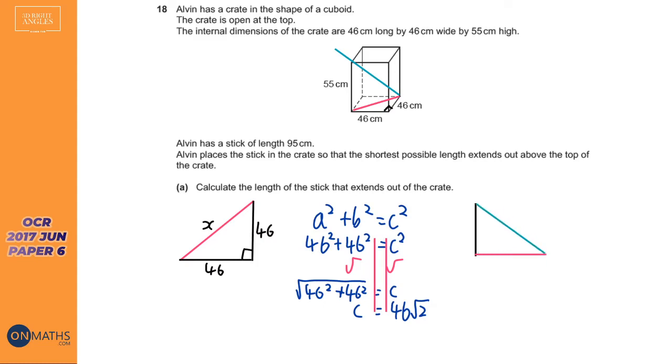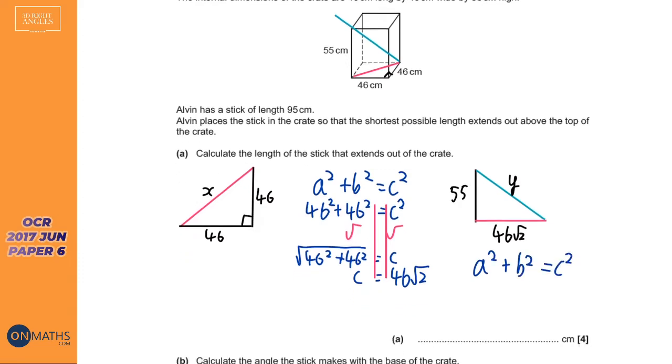So the 55 there, 46 root 2 there, and then we're going to call that, I don't know, y. A squared plus b squared equals c squared. A and b, 55 squared plus 46 root 2 squared equals c squared.